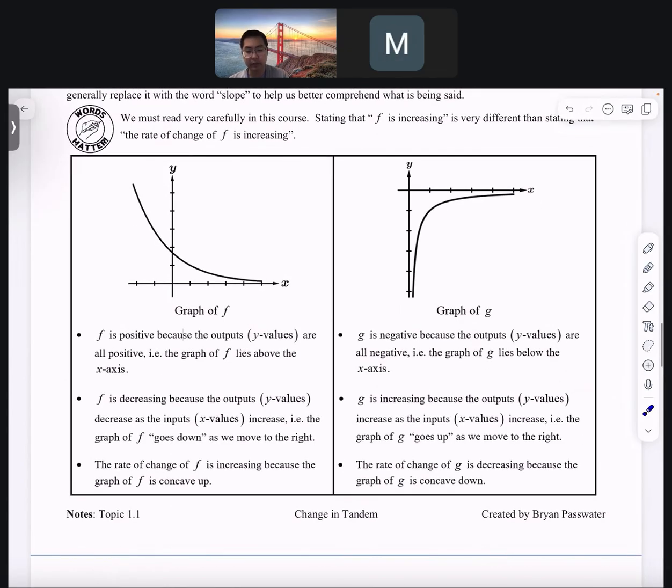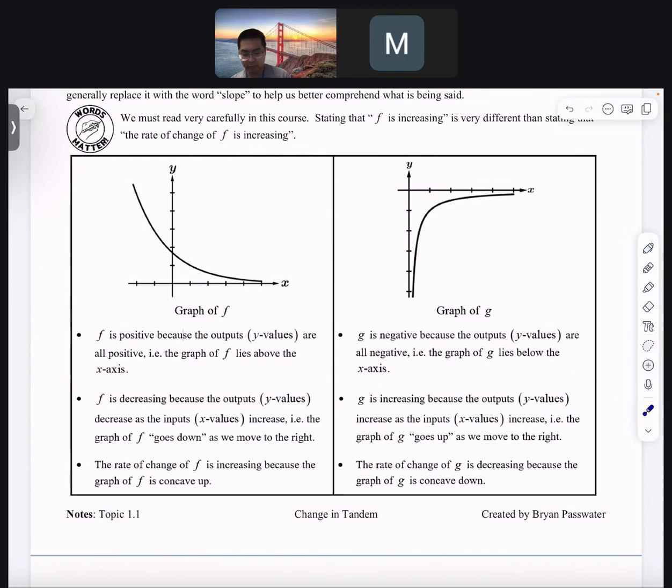When I look at this, you guys, first of all, this is the graph of f. So f is positive because everything is above the x-axis, right? Secondly, we know the graph of f is decreasing because as you follow this graph from left to right, it is going down.